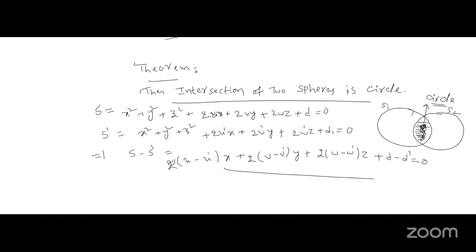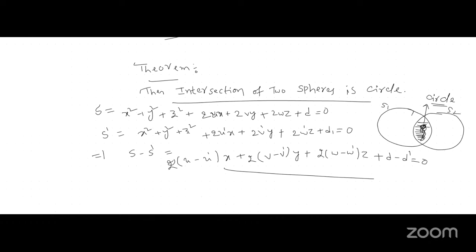Why? Because any first degree equation in x, y, z becomes a plane. So this point of intersection P lies on S equal to 0, as well as P lies on S minus S dash equal to 0.